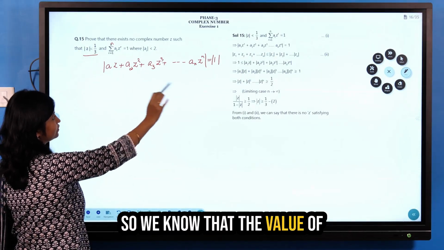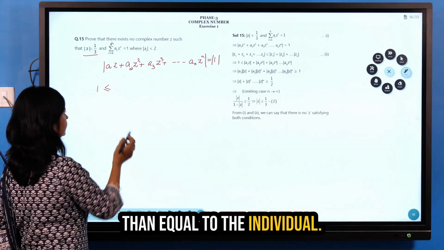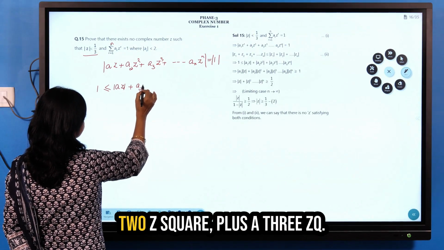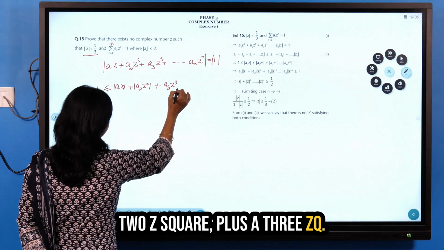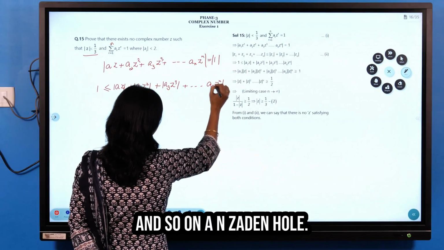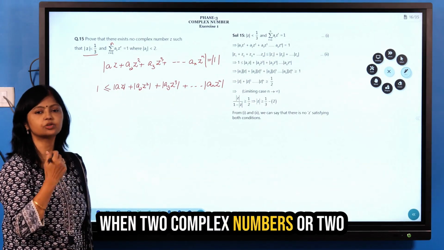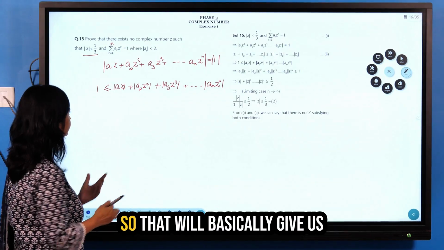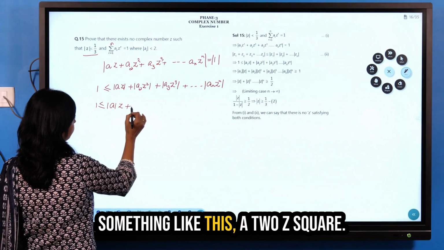The mod of the sum is always less than or equal to the sum of the individual moduli. Now we know the mod property: when two complex numbers are multiplied, the mod can break down into individual components.